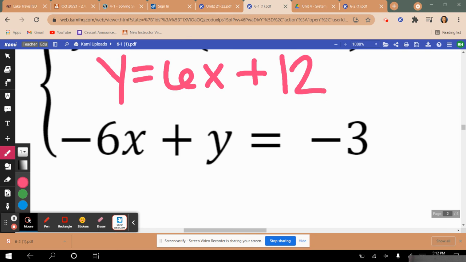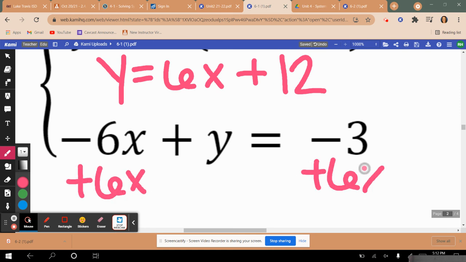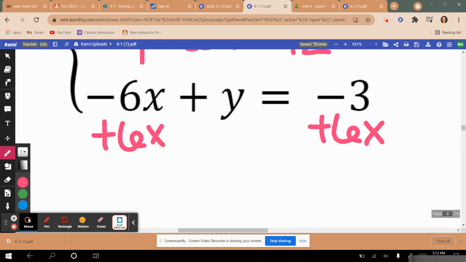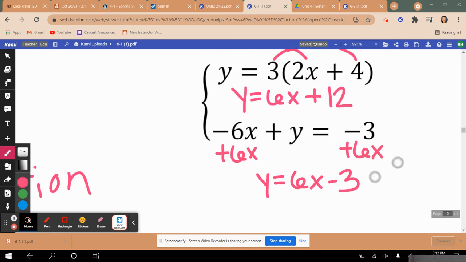And then I'm going to solve for y equals on this bottom one. I'm going to add 6x to both sides. Keep in mind that -3 and that 6 do not combine because one of them has an x and one of them does not. So that will become y equals 6x minus 3.